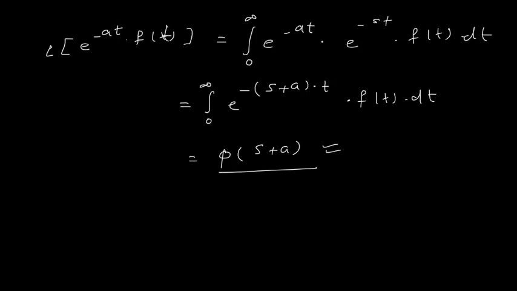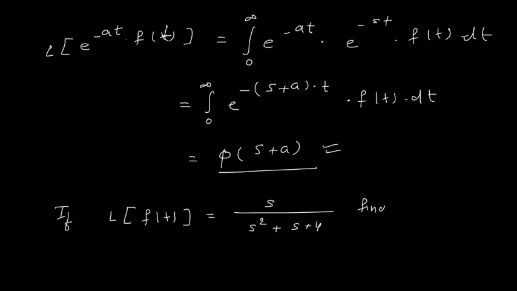The first problem we will see is, if we know that Laplace of f of t is equal to s divided by s square plus s plus 4, then we have to find Laplace of e power minus 3t f of 2t.